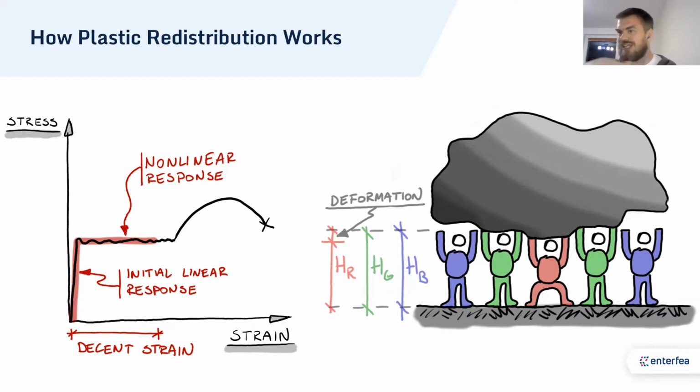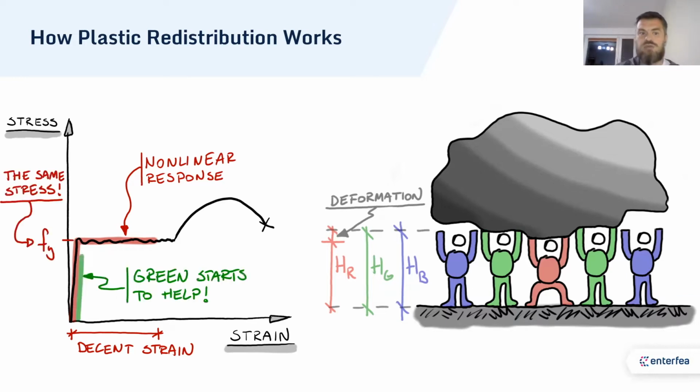So the stress does not decrease, but it doesn't increase either. It's constant, but deformation increases. And as this happens, you will notice that the green guys can help, not because the red guy carries way more, but he just kneeled, he deformed, allowing other people to help out.